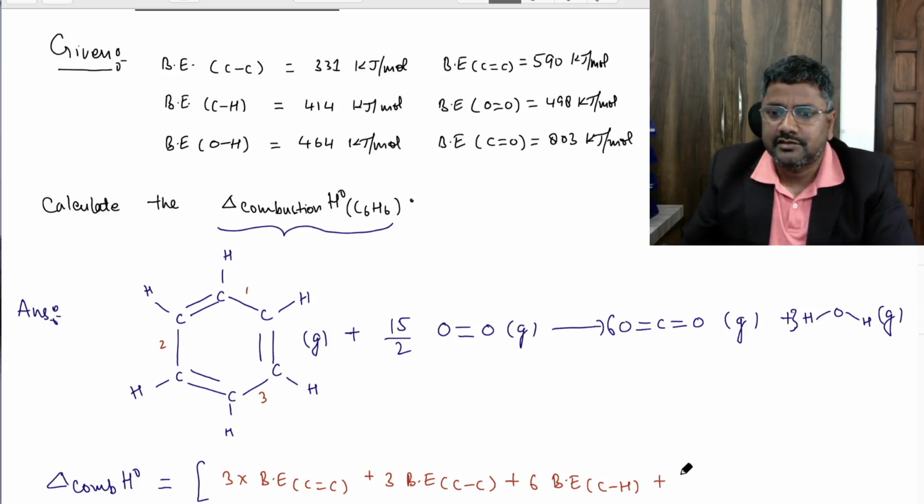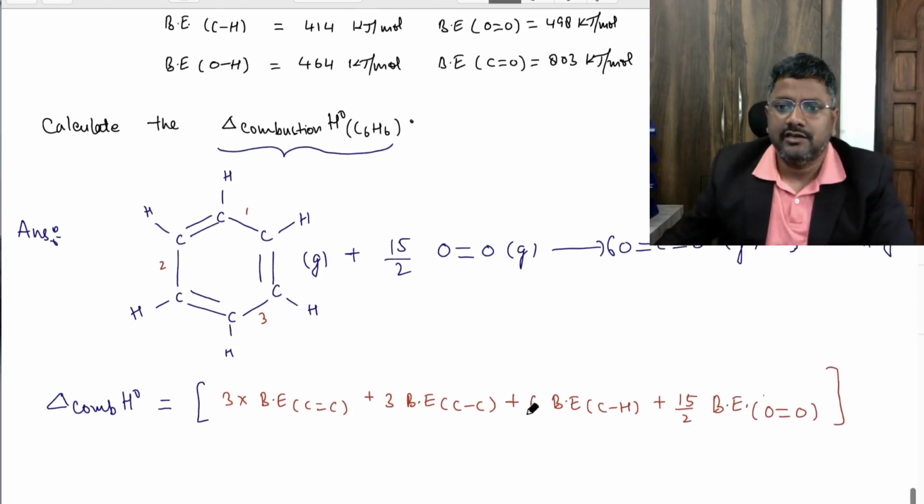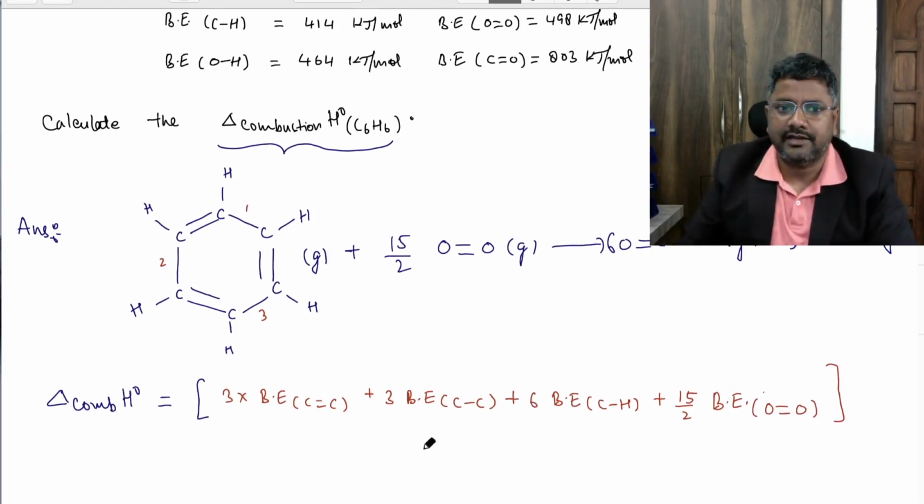Plus 15 by 2 into bond energy of O double bond O. So this is the total bond energy of reactant, minus 6 of this and 6 of this.